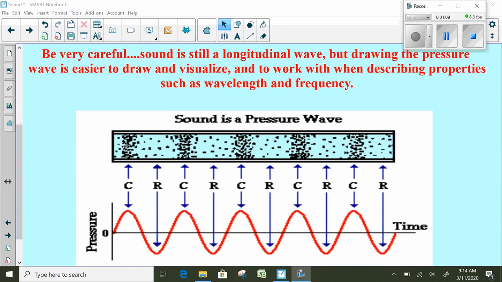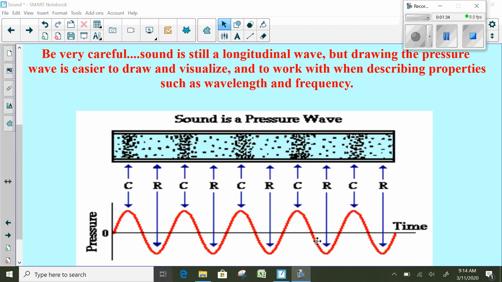We take any area that's compressed air, where the molecules are close together, and we call that a compression, and we say it's got high pressure, there's a high density here. In areas where it's rarefied, we say the density is really low, so the pressure is really low. So in this way, we can take this really difficult thing to draw, this longitudinal wave, and we can draw it as a more familiar sine wave.